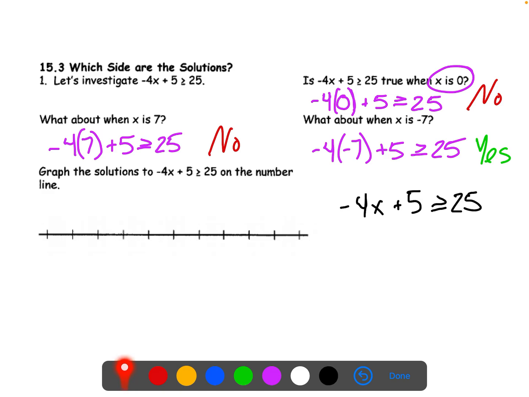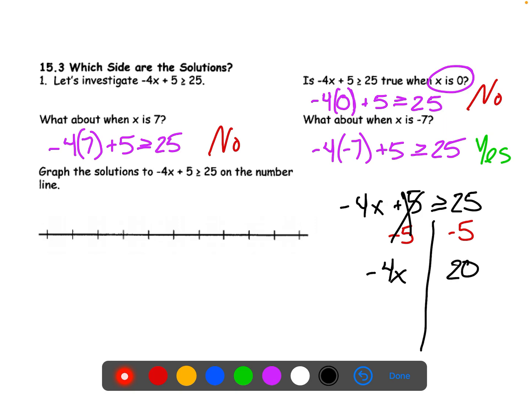It's a two-step equation with these two terms. I need to get rid of this plus 5, and I need to get rid of this times negative 4 so that I can isolate my variable, isolate x. Let's do that. We'll take away 5 from each side and rewrite what's left. Since this has canceled each other out, negative 4x, and 25 minus 5 is 20.